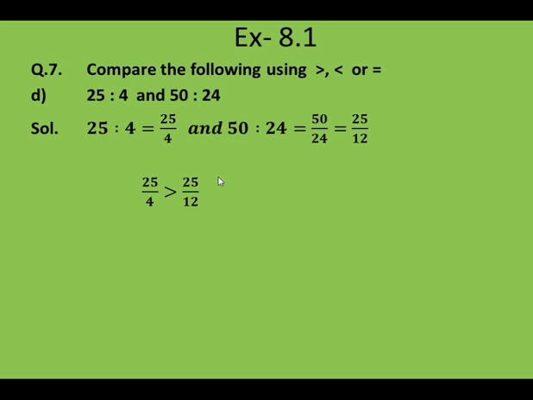Numerator is same. So whenever you find numerator same, the easiest way to compare the fraction is, smaller the denominator, greater will be the fraction. Okay, the fraction which has smaller denominator will be greater because numerators are same. So 25/4 is greater than 25/12. So we can say 25:4 is greater than 50:24.